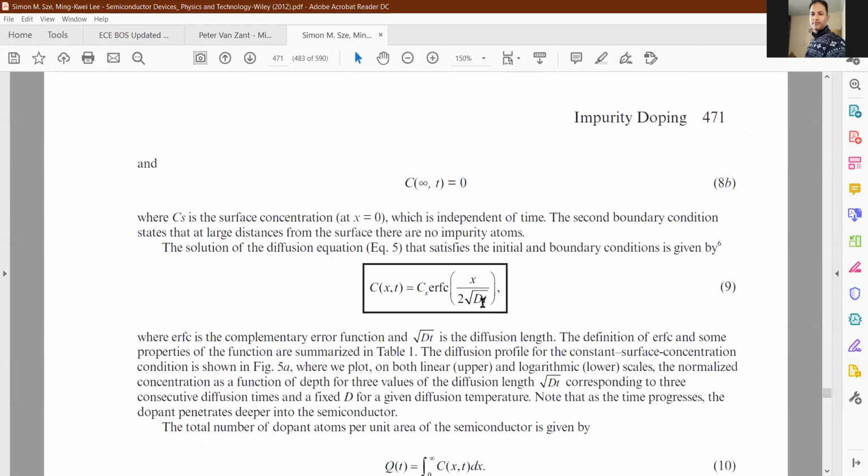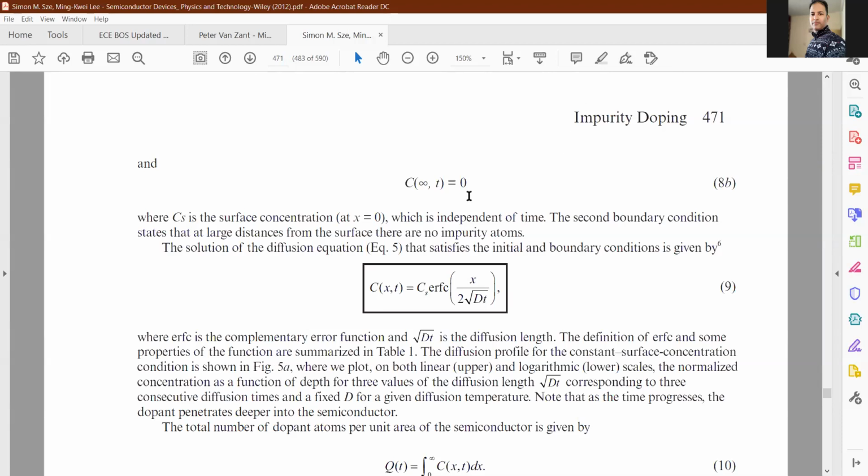This complementary error function is a mathematical solution for Fick's diffusion law with the applicable boundary conditions. As discussed, one boundary condition is that the doping concentration at the surface is always constant, defined as CS.